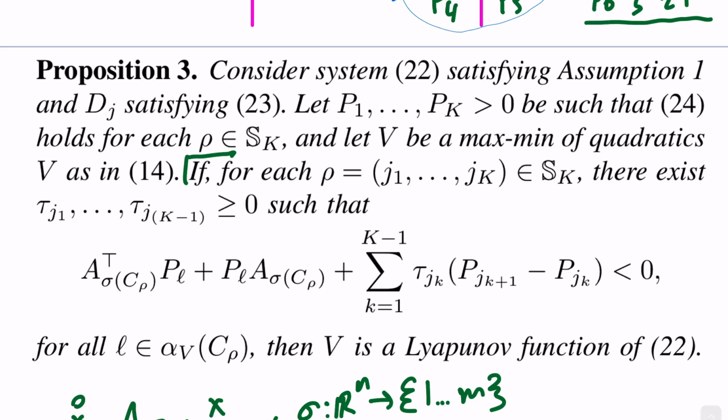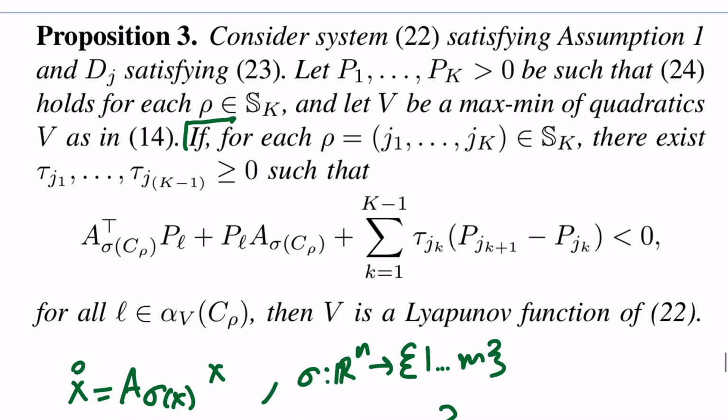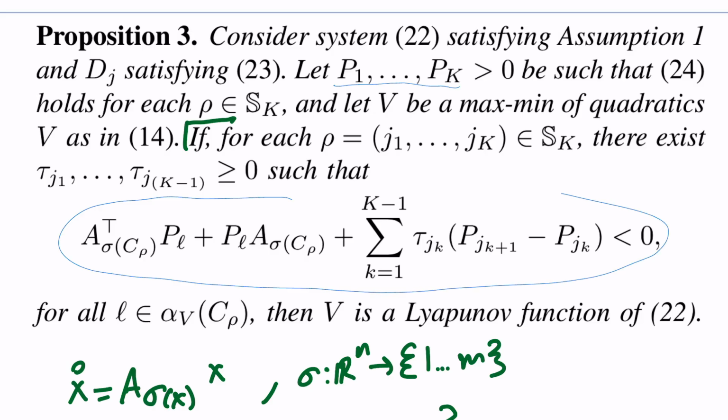And let's look at Proposition 3. What we have is K matrices, such that we have V having that MaxMin of quadratic structure, and for each permutation, there exists a set of numbers such that this inequality condition holds.